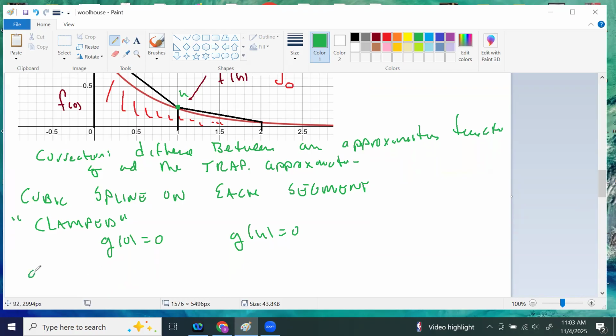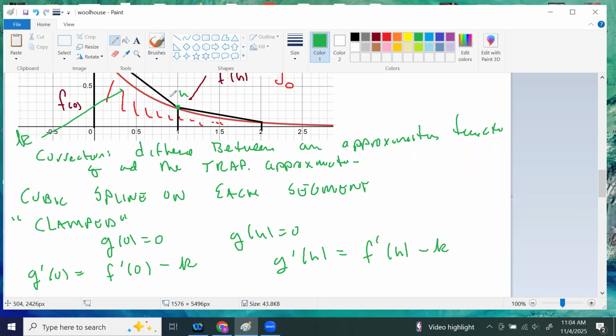The derivative condition at the first will be the derivative of the difference of the function, which is going to be this difference here. Actually, I'm going to take this away from that. That'll be negative. So that's going to be f prime of 0 minus k, where k is the slope of this line. g prime of h will be f prime of h minus that slope k.